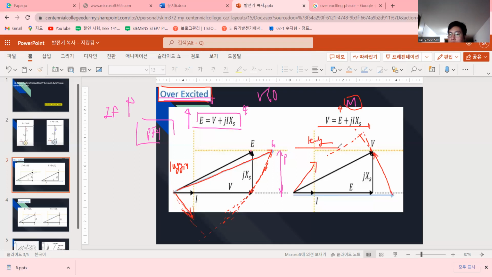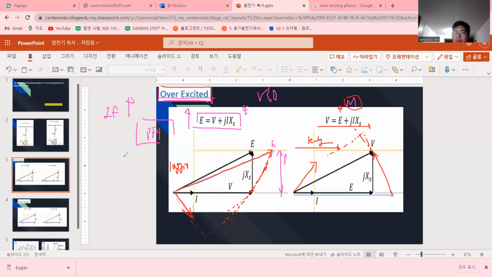That's weird, right? But as I said, this is the concept. One part is sending reactive power, and the other part is receiving and consuming the reactive power, right?